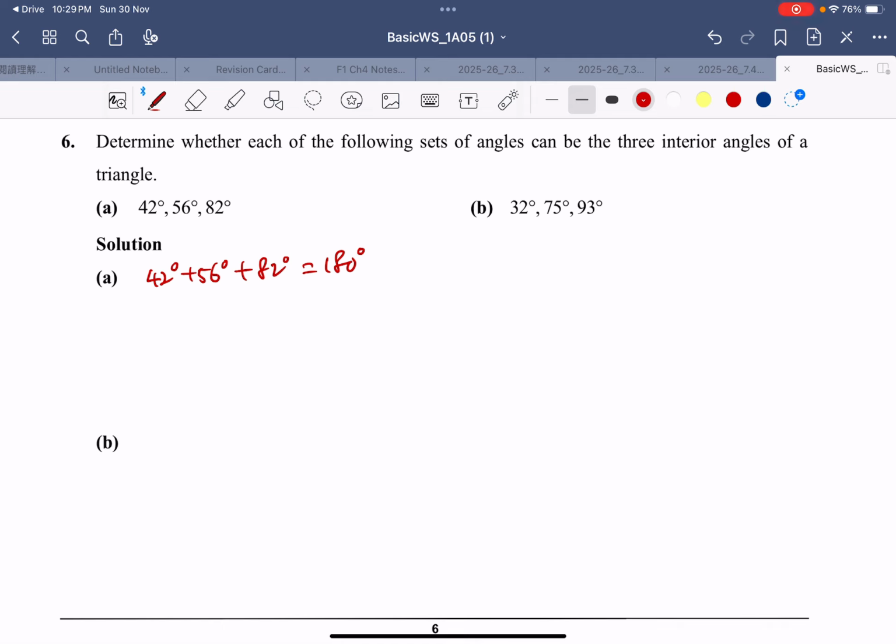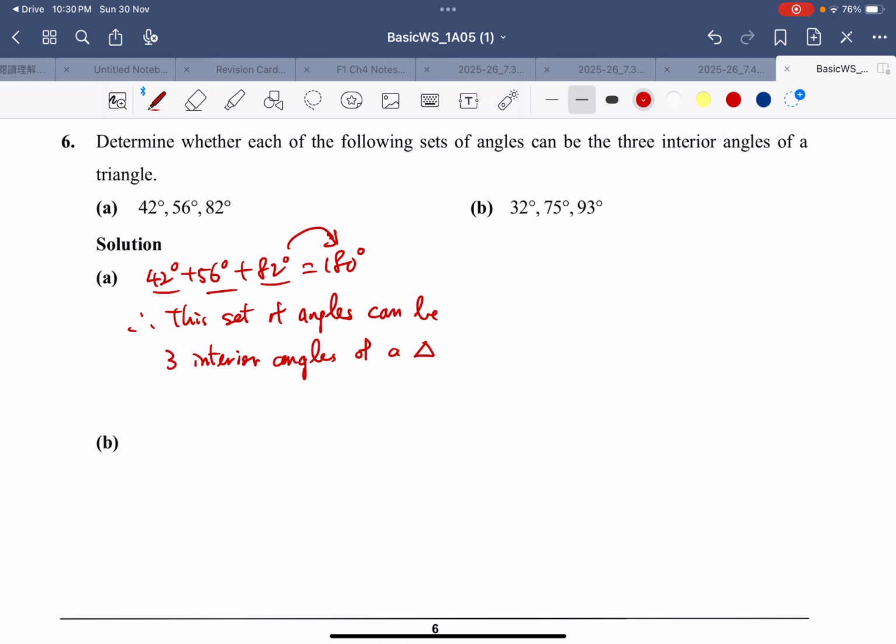If you carefully add these three numbers up, it is really 180 degrees. So this set of angles can be three interior angles of a triangle.